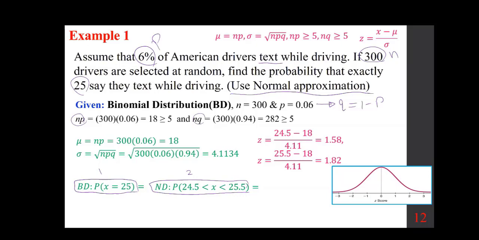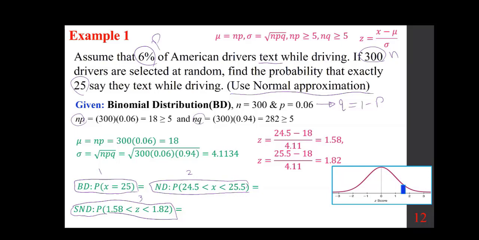So now, this is the third step. I have the binomial distribution, the normal distribution, and the standard normal distribution. Now, I like to go to the graph. We are looking at the area between 1.58 and 1.82. It doesn't even have to be to scale, but it gives you an idea.